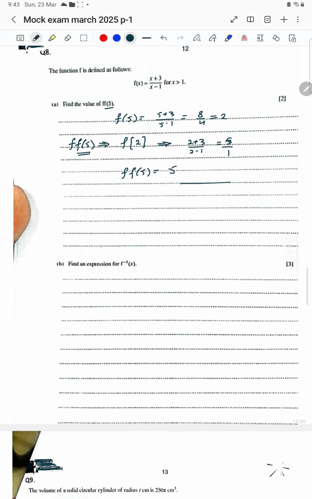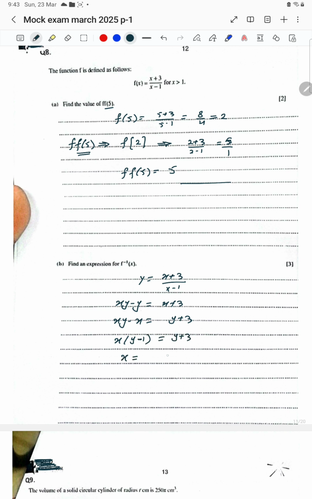Okay, find an expression for f inverse. Taking f of x as y, cross multiply: xy minus y equals x plus 3. As we know, we need to make x the subject here. So xy minus x will be y plus 3. So x is common: x times (y minus 1) is equal to y plus 3.